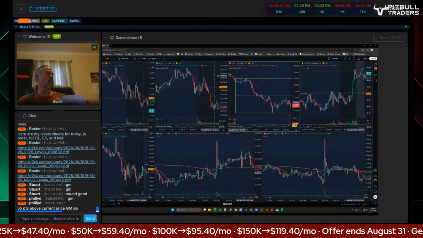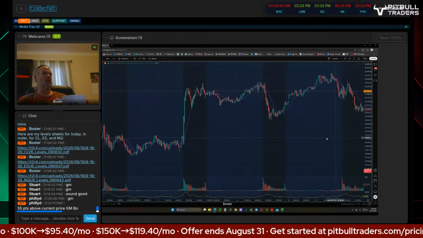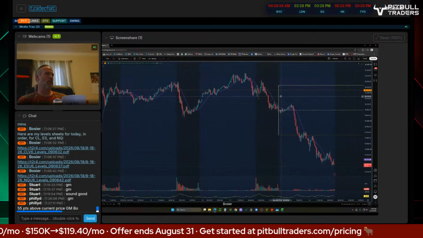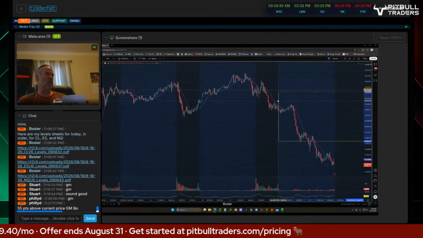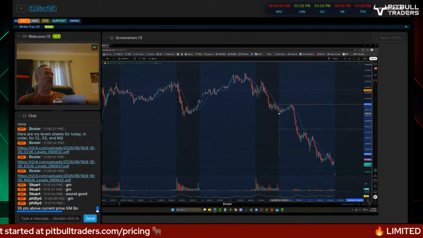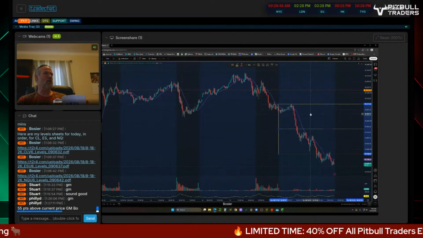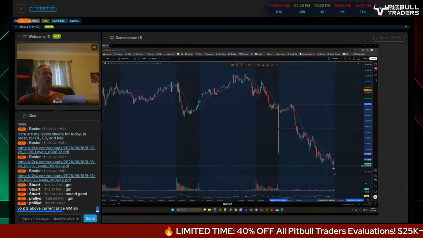Let's go back here for the NQ for a second, and you can see if we pull this down again, just to give you a sense. So if that overnight high is the high of the day, we've already met the ATR and exceeded it, right?